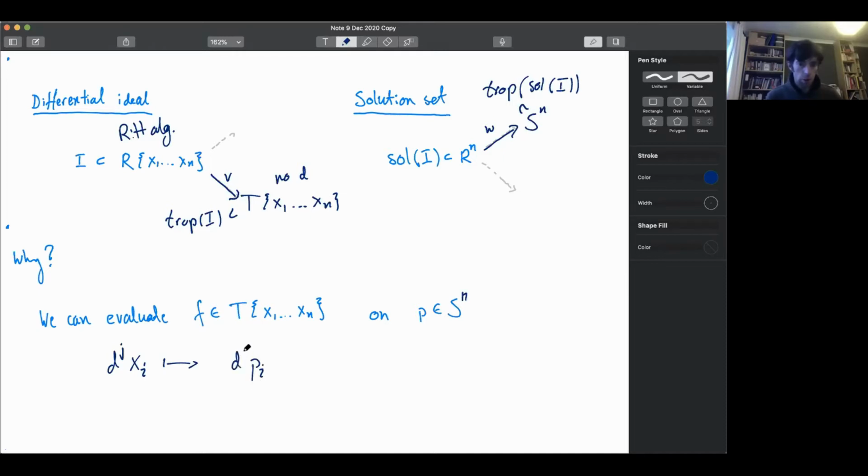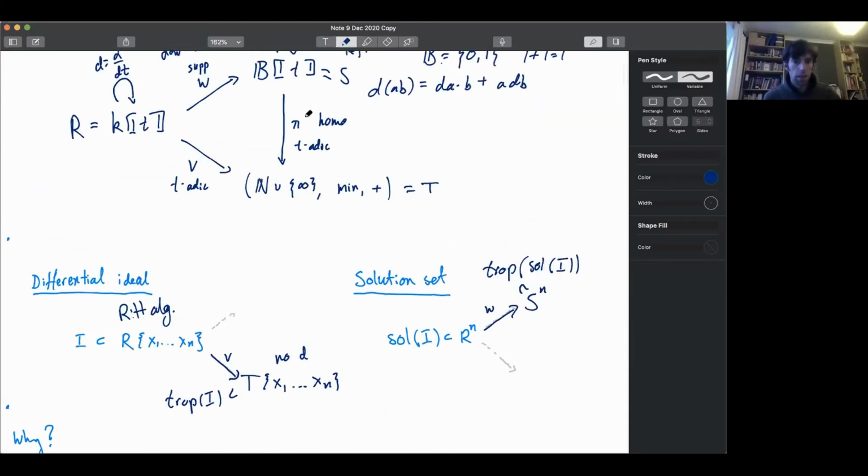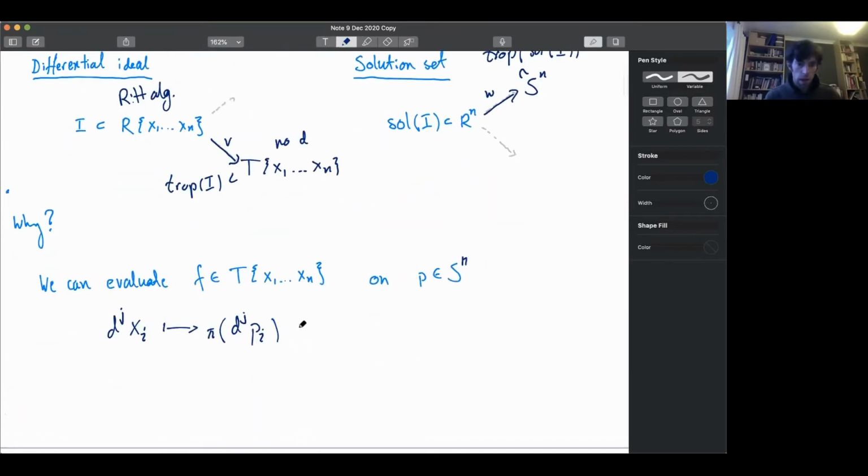I'm going to do the jth derivative of that, which means shift it to the left j times. And then I'm going to use this map pi, which takes me down into T, to get an element of T.